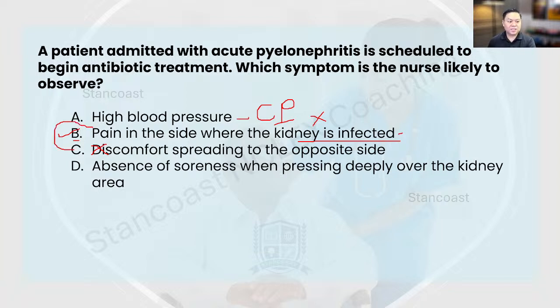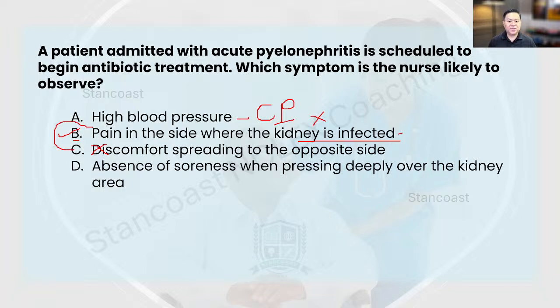Now for the testing strategies here, we are going to understand the condition again, differentiate between the chronic or the acute pyelonephritis, and in this scenario, we're only tasked to investigate further what the symptom is in acute pyelonephritis.